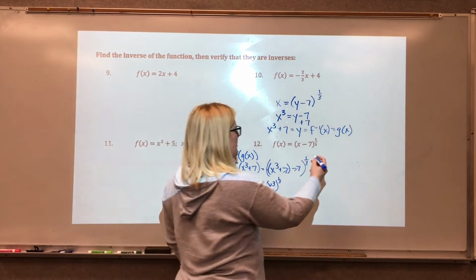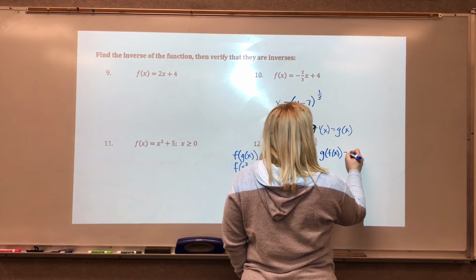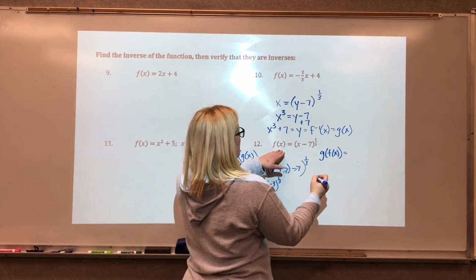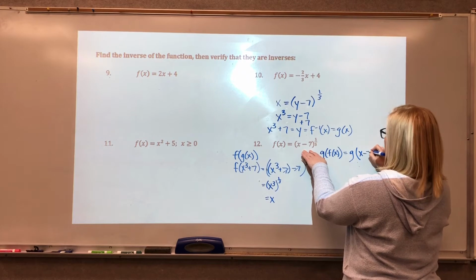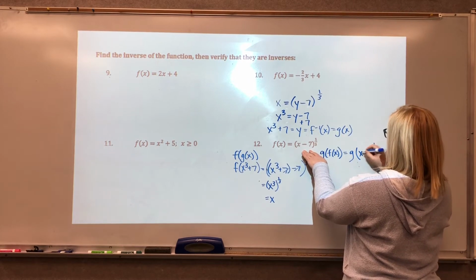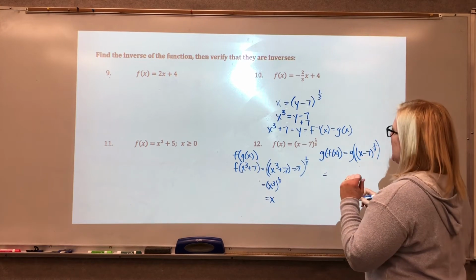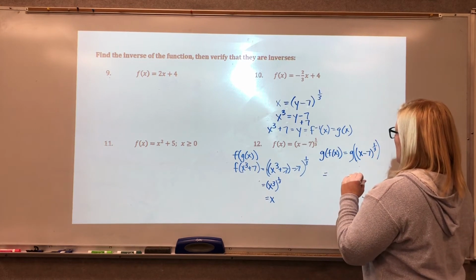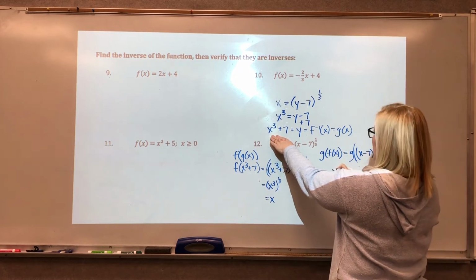And finally, g of f of x. This is g of f of x, x minus 7 to the 1/3. And we take our g, boy, I got confused there for a second.